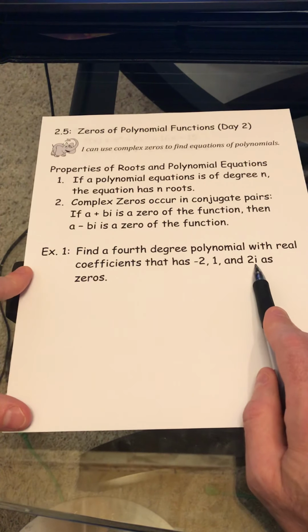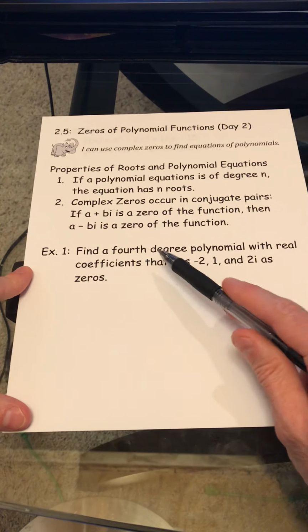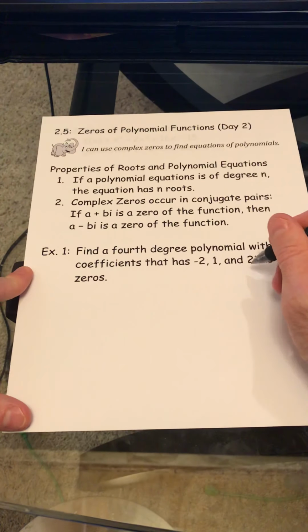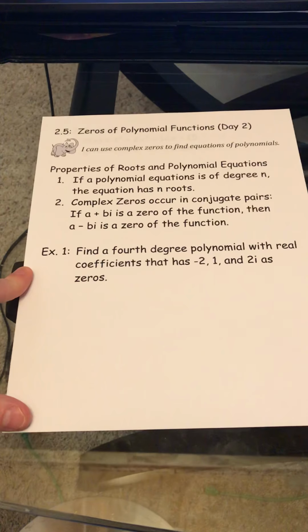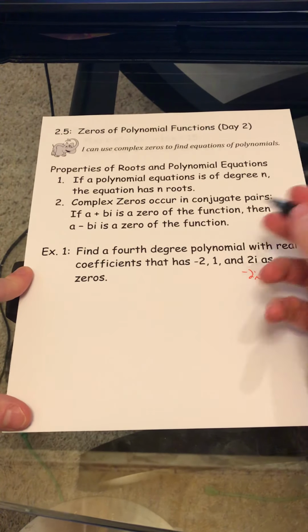Here, it does match 4th degree with 4 unique roots, because if it's 2i, our other zero is -2i.